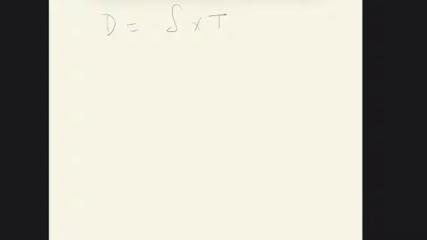It's going to be 6 divided by 30, that's roughly 0.2 hours. Now convert that to minutes. So 0.2 multiplied by 60 gives us 12 minutes.